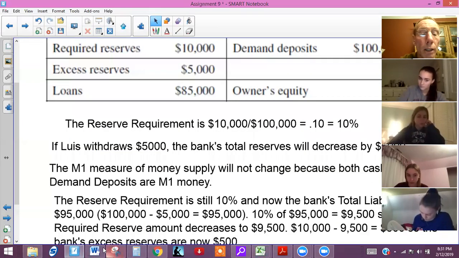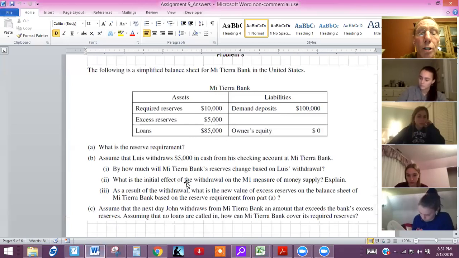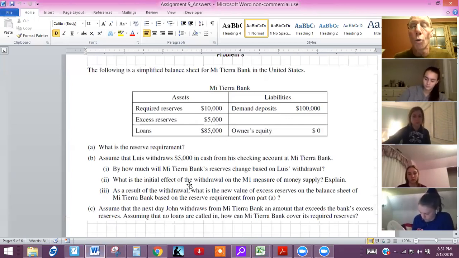Then the next question is, what is the initial effect of the withdrawal on the M1 measure of money? Now, you're going to learn by watching the videos, and also by reading in the text, what M1 and M2 money is.